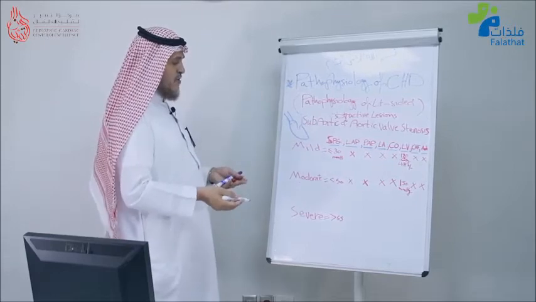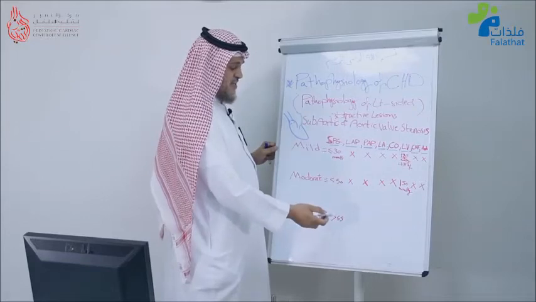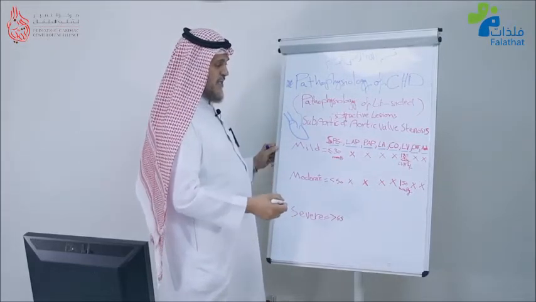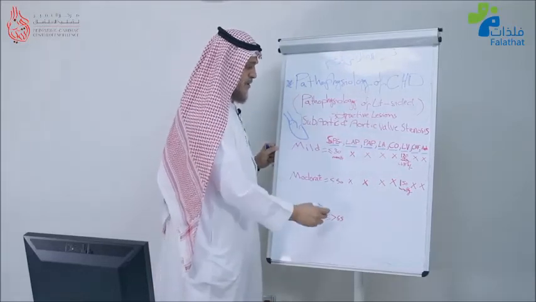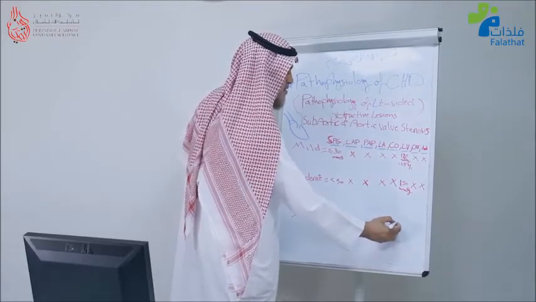So let's go to severe. If we are talking about more than 55, let's say it's 60, then we're talking about really significant LV hypertension. And here the LV pressure may go up to 160, 170.